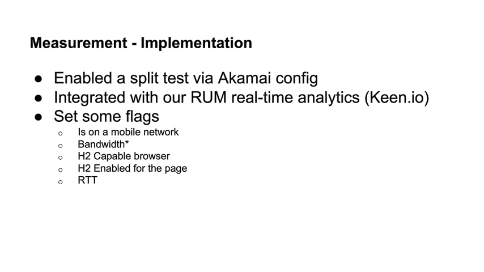So what we wanted to do is compare users who are on a capable browser who didn't have H2 enabled with those that did, and that gives us our split test. So this actually boiled down to Chrome versions 40 to 42. We didn't have the RUM data for 43 because of a bug, annoyingly, in our analytics, which we're currently fixing.